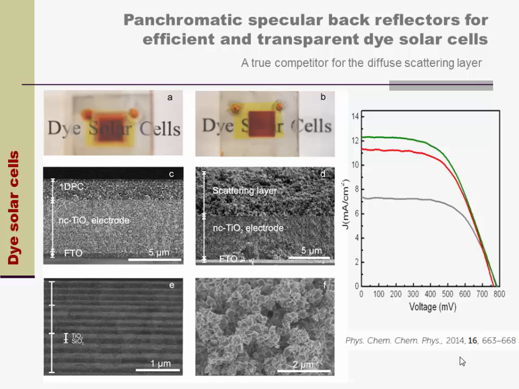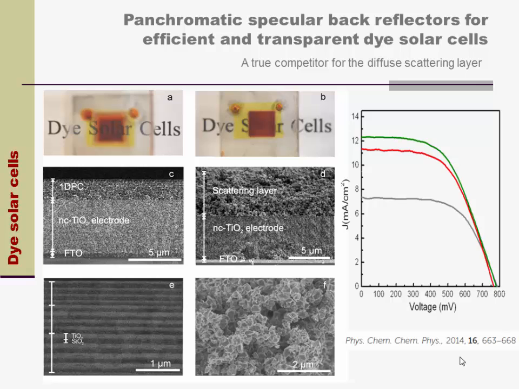And in all the approaches that I'm telling you, those that are based on diffuse scattering layers, which is here, or on the photonic crystal in the middle, you lose the possibility to illuminate from the back. Because now you are blocking light in one direction. You're improving the absorption in the front direction, but you are blocking light in the rear direction.